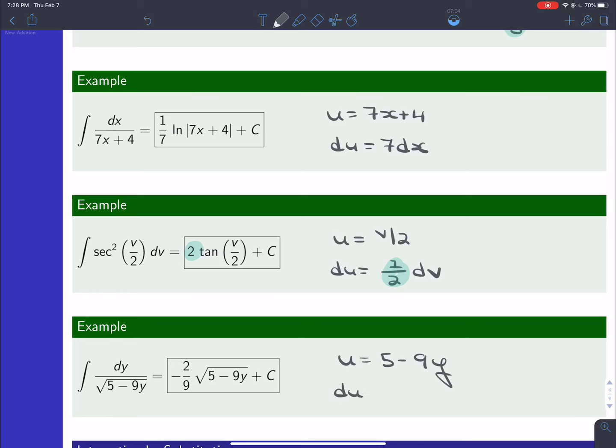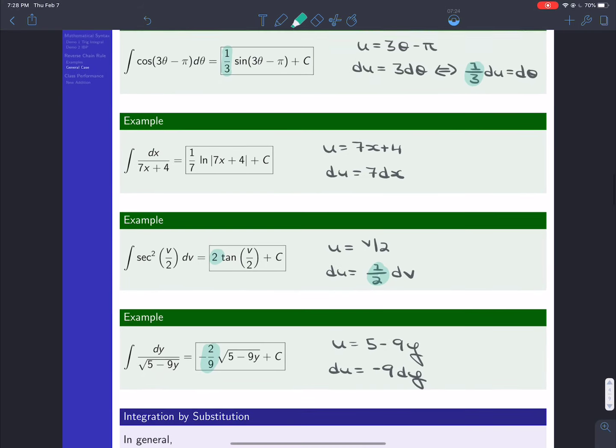So then my differential u would be defined to be -9 times dy. And so the antiderivative or the indefinite integral of dy over the square root of 5 minus 9y would be 2 times the square root of 5 minus 9y divided by -9. So that's how we got the 2/9 here, right?